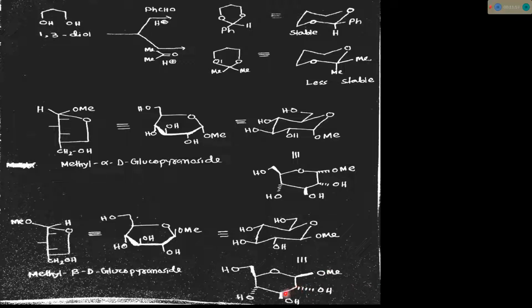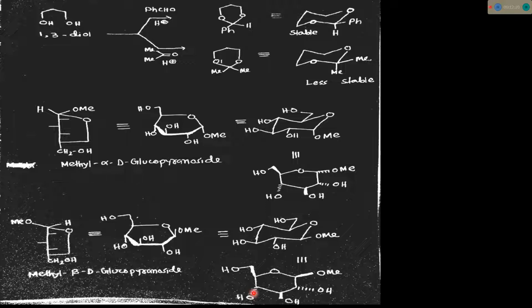See 2, 3, 4: the 2 and 4 positions form a 1,3-diol, and there is the 6 position, with 4, 5, 6. If we draw the actual structure, we can see this OH and this CH2OH carbon are trans to this OH group.